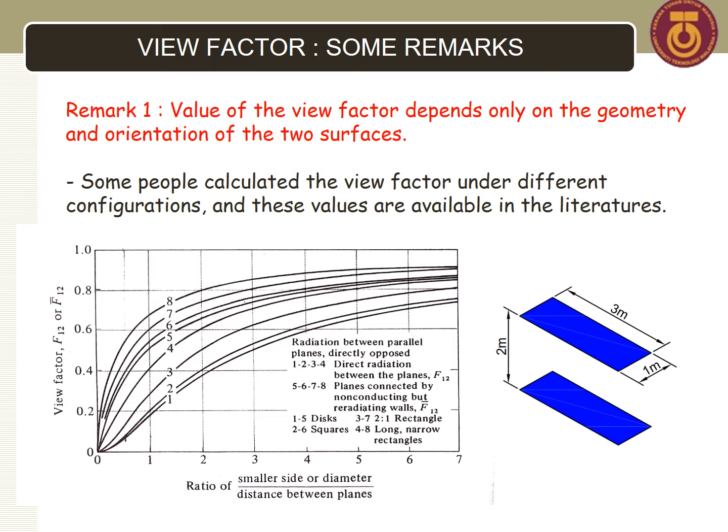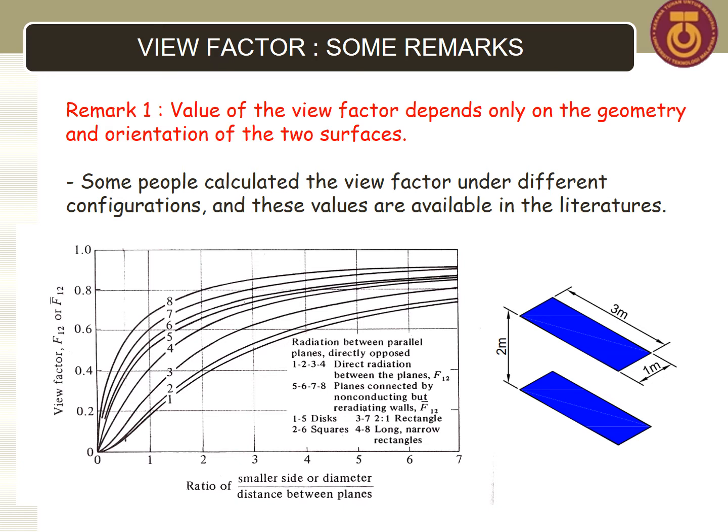So what if we add? After reducing the distance between the two planes, what if we add radiating walls between the two planes? Then the new F12 you need to refer to curve number 8. Instead of 4, now it is curve number 8.